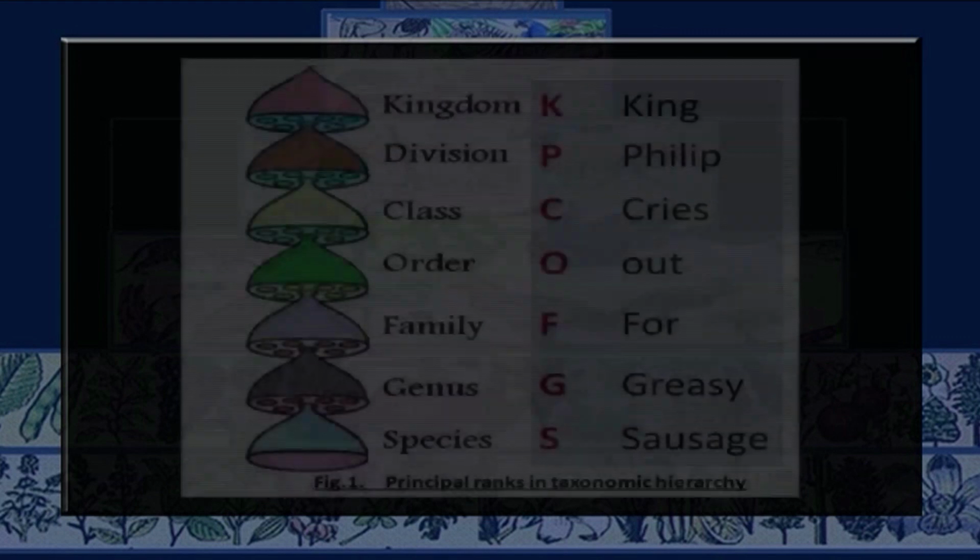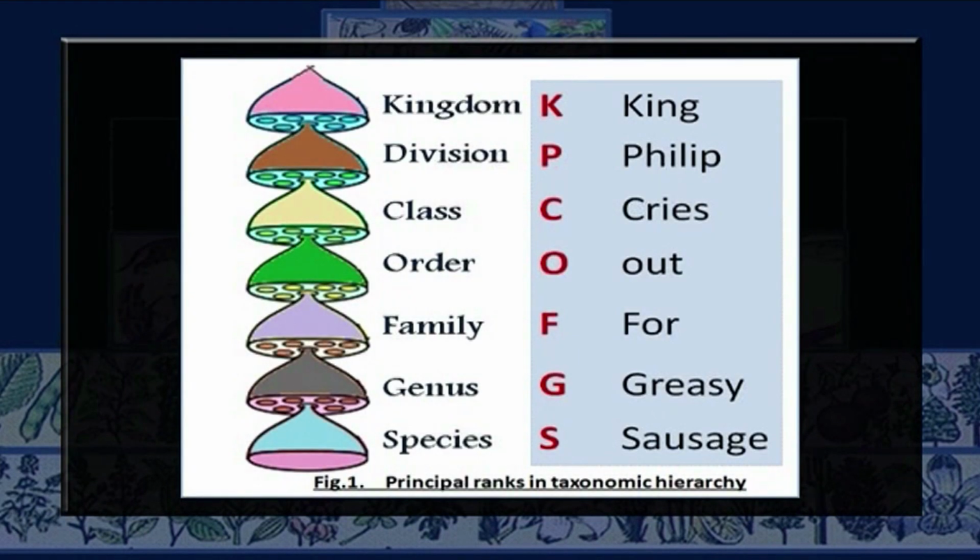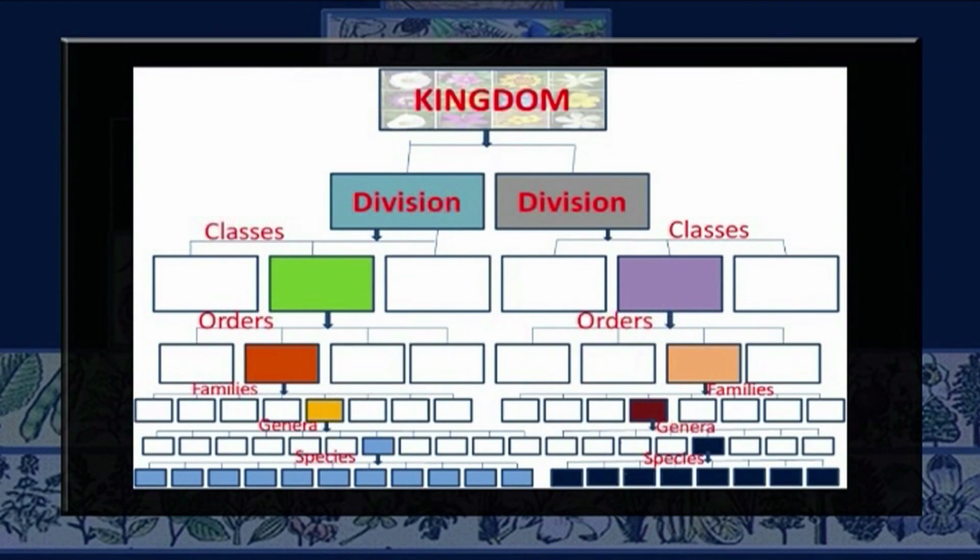The International Code of Botanical Nomenclature recognizes 7 principal ranks of taxa in descending sequence as kingdom, division or phylum, class, order, family, genus and species. Thus, each species is assignable to a genus, each genus to a family, and so on. To each of these categories in the figure is assigned a taxon.